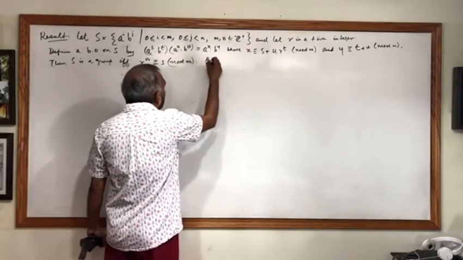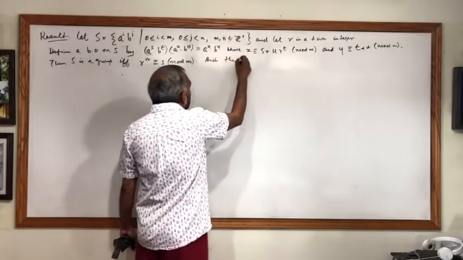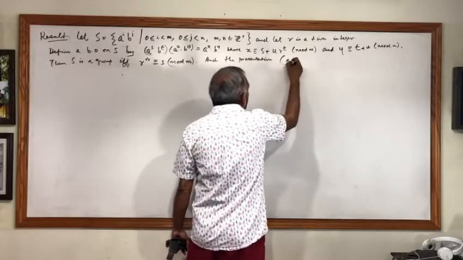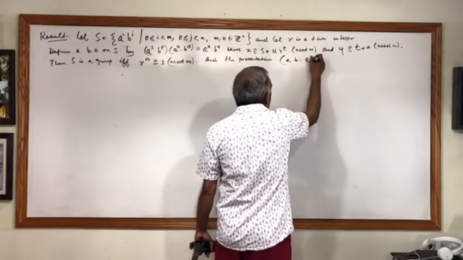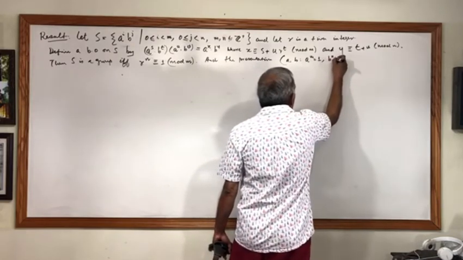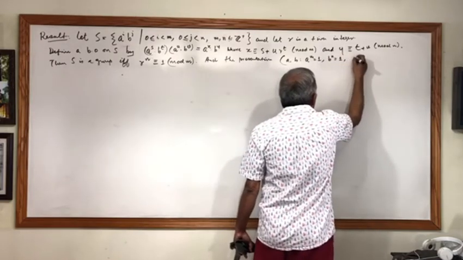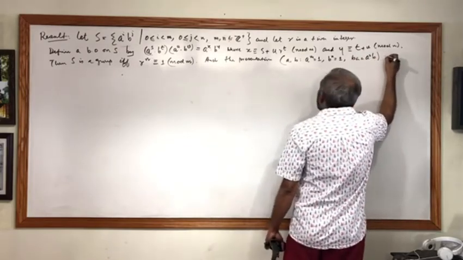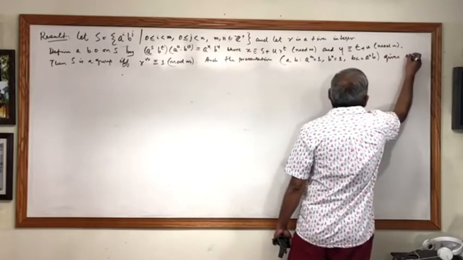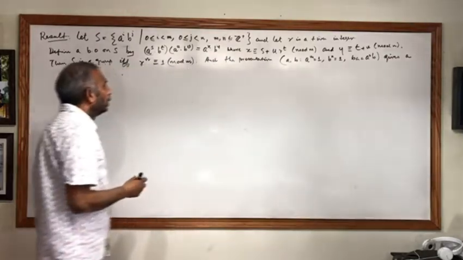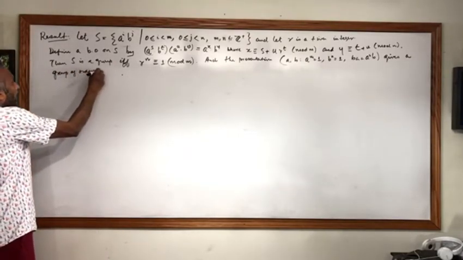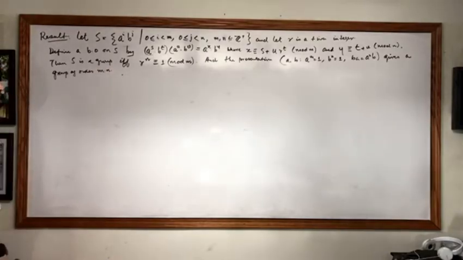And the presentation angle brackets a, b such that a to the power of m is equal to 1, b to the power of n is equal to 1, and BA is equal to a to the power of r times b, gives a group of order mn. Okay?